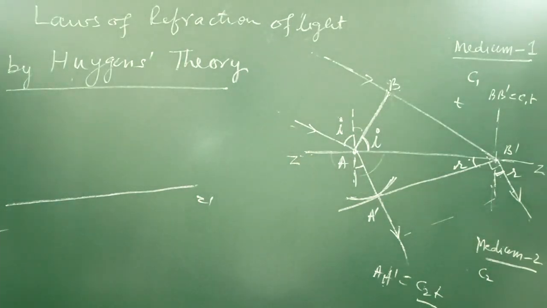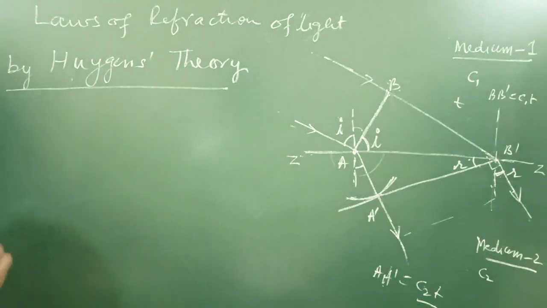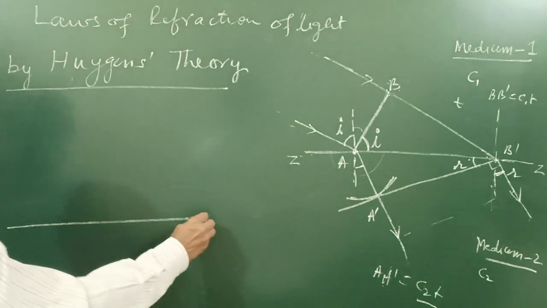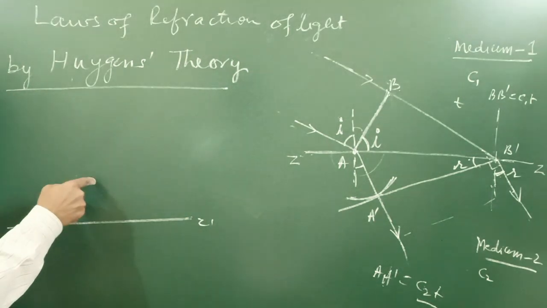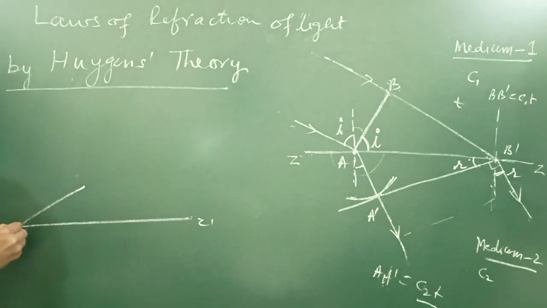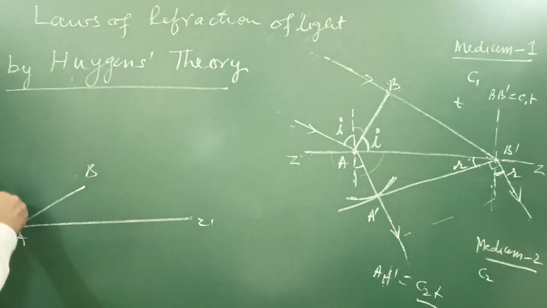Sorry, it went a bit upward. Boundary Z dash, incident wavefront. Here the speed is less, so you take it like this. AB, incident wavefront.